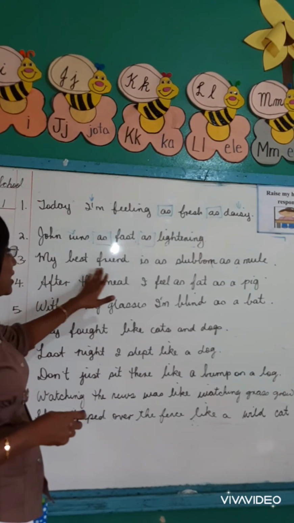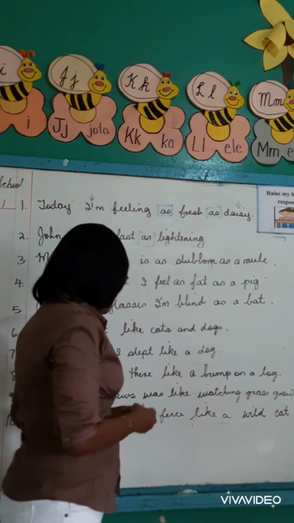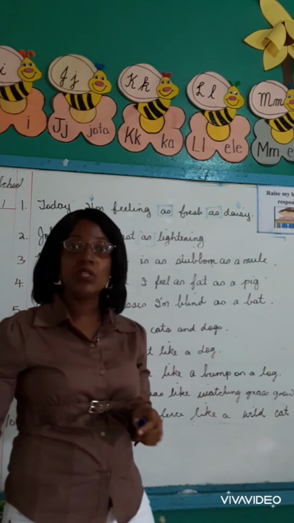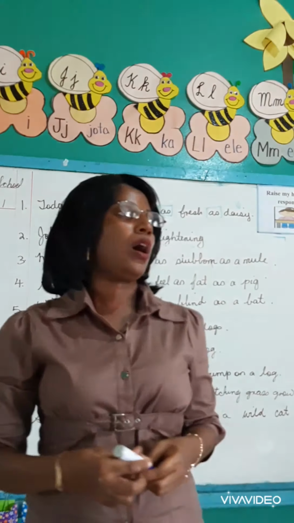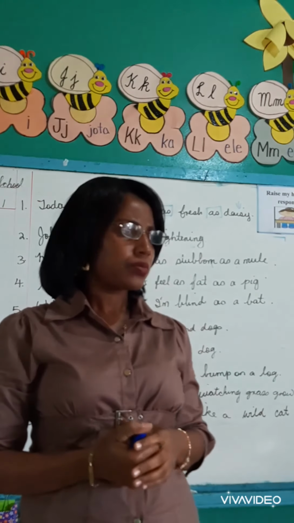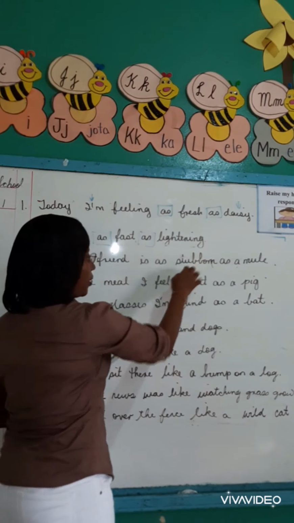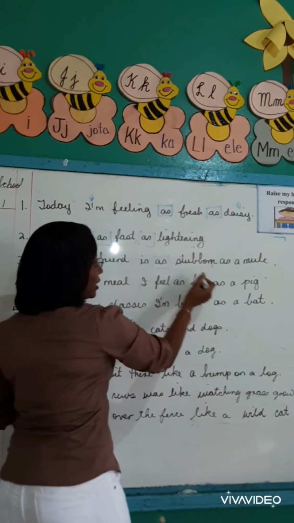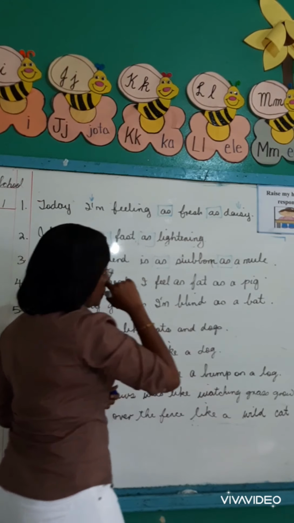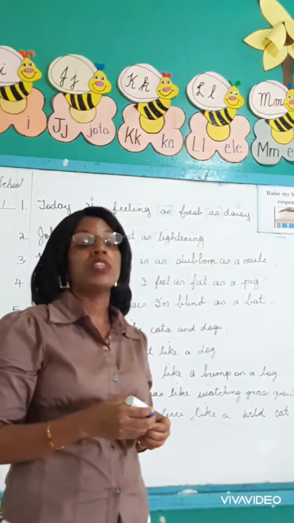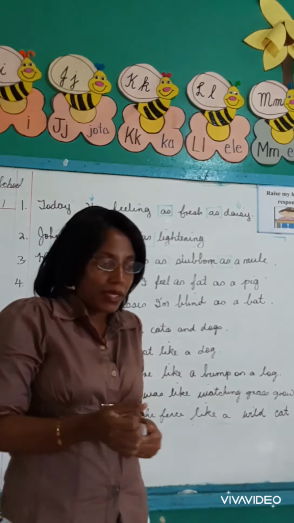The other one is, my best friend is as stubborn as a mule. A mule is an animal, right? A friend is a person. And they're comparing that friend with a mule, and they're saying that they are stubborn. So they're using the as pattern. We know that sometimes when a mule or a donkey doesn't want to move, they might just stay right there.